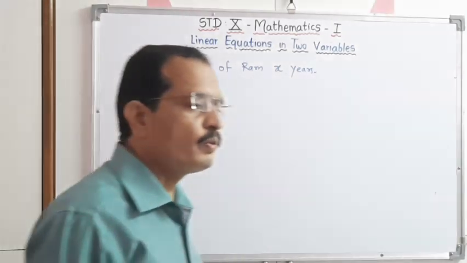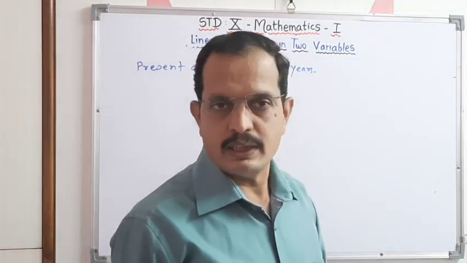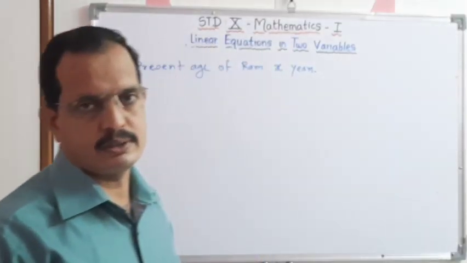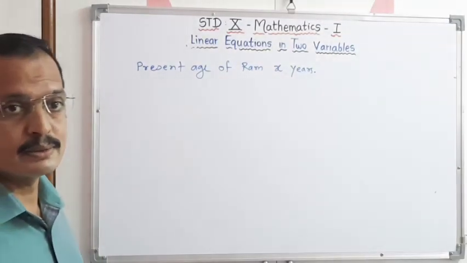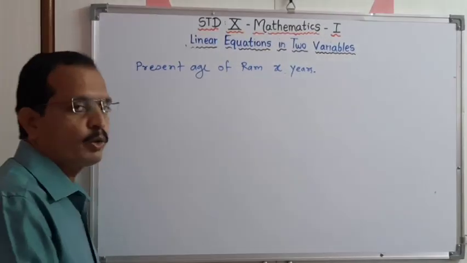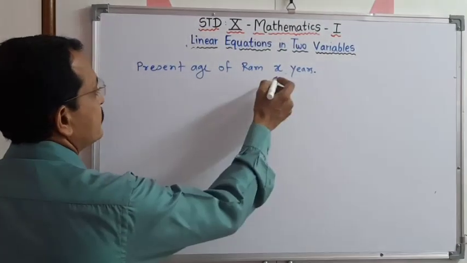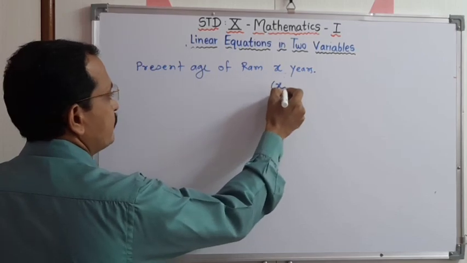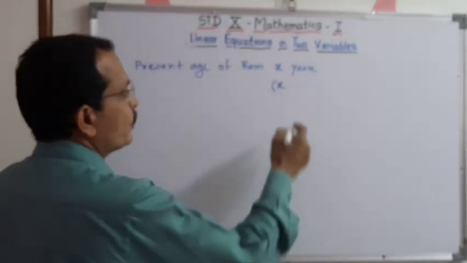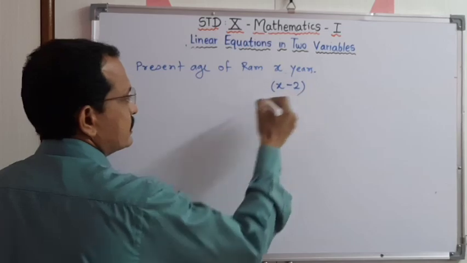Now, if I want to find out Ram's age 2 years before, how do we find it? From the present age, that means today's age, we have to subtract 2 years.